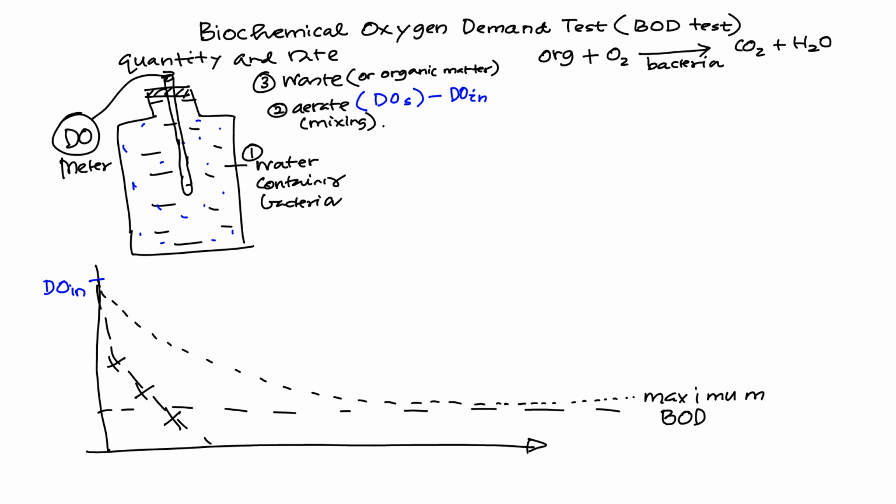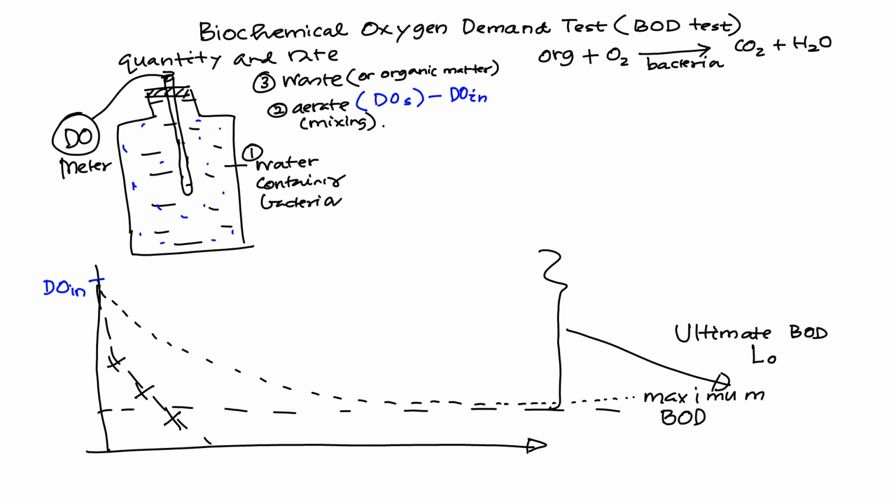This particular amount is the maximum biochemical oxygen demand, right? That's the maximum level oxygen can be consumed. This one we call ultimate BOD, or in other words, we represent this one by L0.